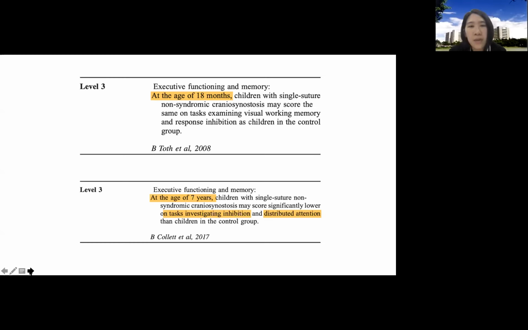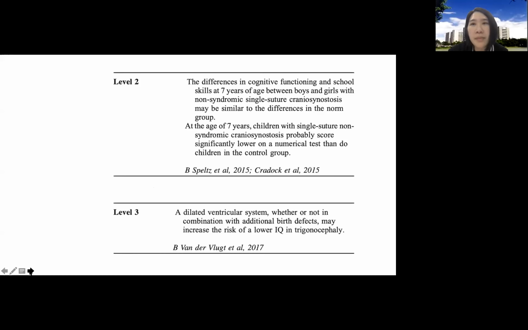For the age of 7 years, they may score significantly lower on the test investigating inhibition and distributed attention than the children in the control group. For the cognitive function and school skills at age of 7, they may be similar to the normal people.